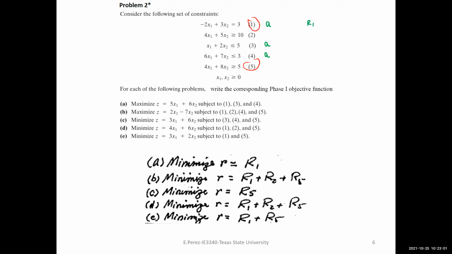We need an artificial variable for the first one, but for this one we have a slack, and for this one we have a slack, so we don't need artificial variables. So the objective function for the first one will have only one artificial variable.